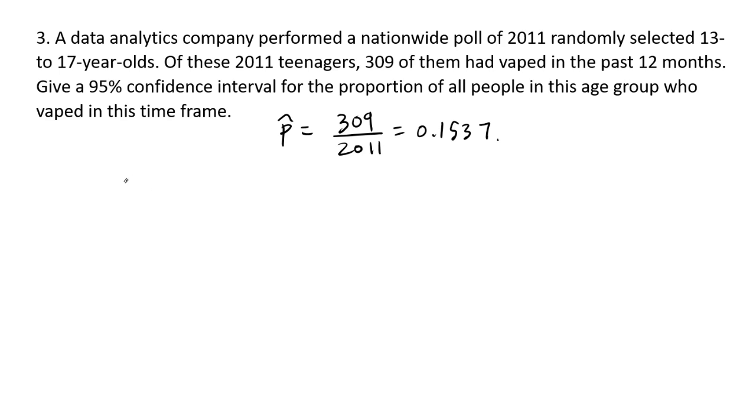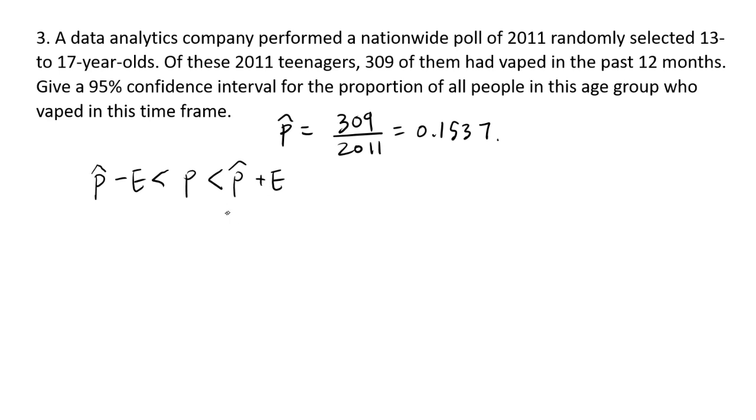And then the formula for the population proportion, the actual proportion: we don't know the actual proportion, but we can give an estimate of it in an interval. The sample proportion minus E is the lowest value that the population proportion P could have, and P hat plus E is the maximum.